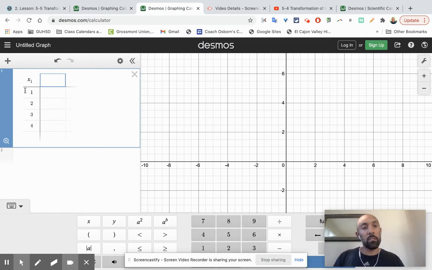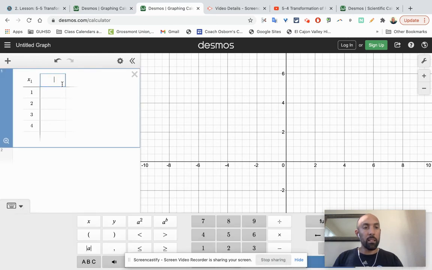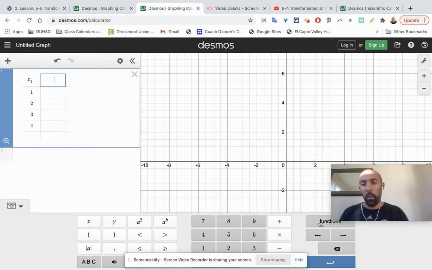I need to create a table, and if you remember from the last lesson, I used the Desmos table to fill in the values for me. I need to type the function up here. If you list out your inputs, the ones you want right here, and then put the function here. To do that, I'm going to move my head out of the way.